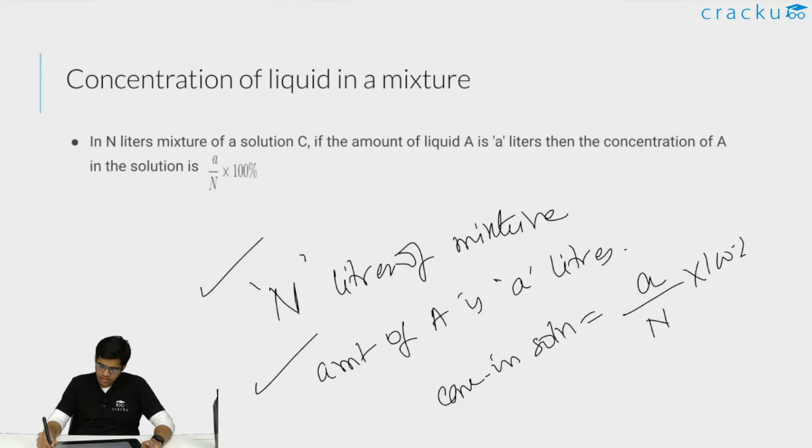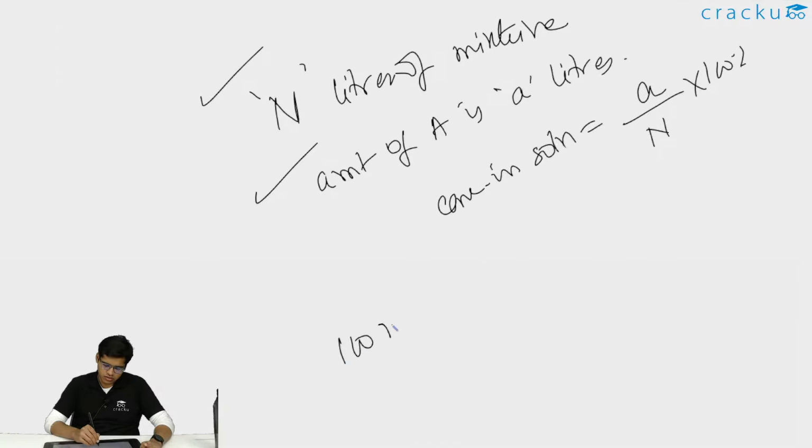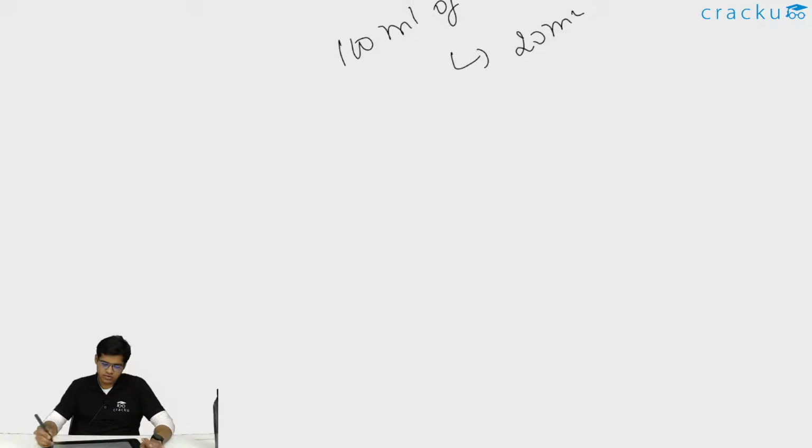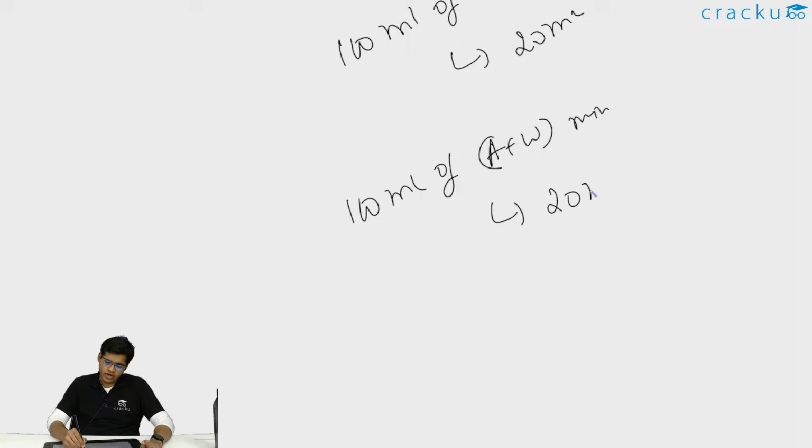Basically, let's say we are having 100 ml of mixture, say 100 ml of dilute HCl. In this 100 ml, we are having 20 ml only HCl, I mean an acid. Let's not take HCl for those who are not from a science background, let's take 100 ml of acid plus water mixture. In this we are having only 20 ml acid and 80 ml water, right?